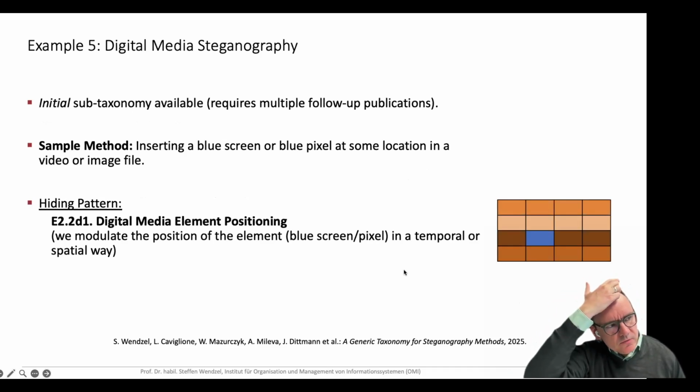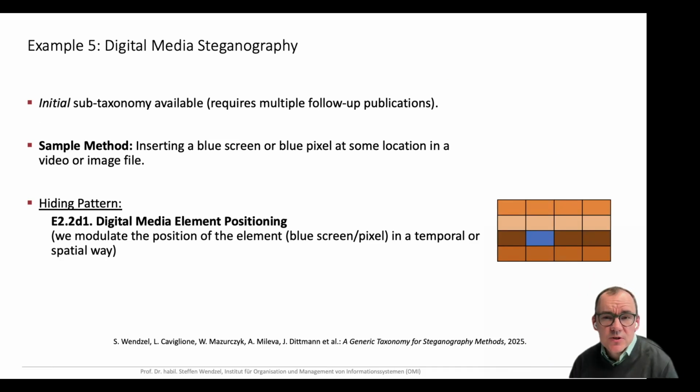In digital media, we could insert a blue screen or blue pixel at some location in a video or image file, and it would be digital media element positioning. Although digital media has very rich methods, we can break down these methods on this abstract level in very few patterns as well. But as you will see later, we have foreseen subtaxonomies for the different stego domains.